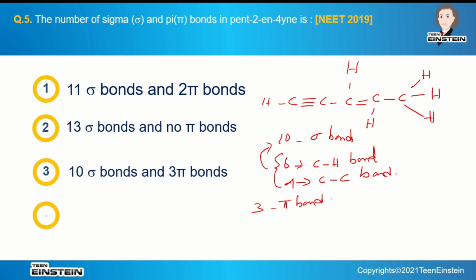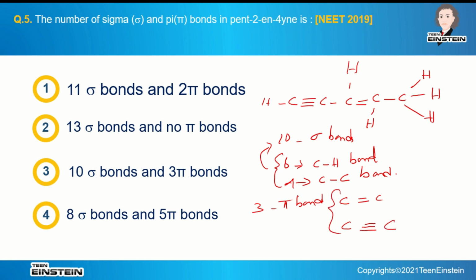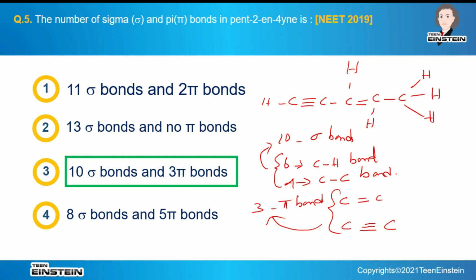One pi bond is from the carbon double bond carbon, and another 2 pi bonds are from the carbon triple bond carbon. So the number of pi bonds is 3. So the number of sigma and pi bonds in pent-2-ene-4-yne is 10 sigma bonds and 3 pi bonds. So the correct option is 3.